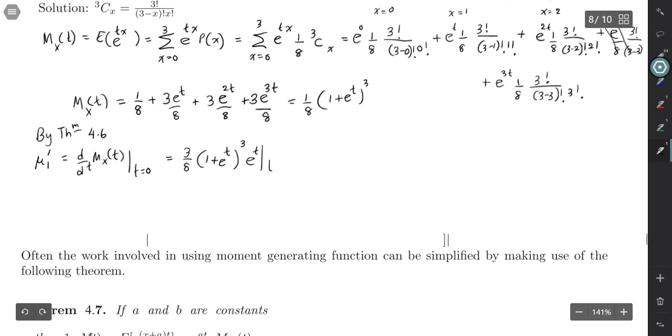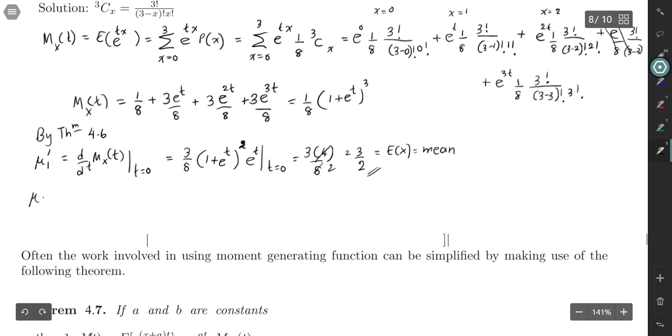Now evaluate this at 0. E to the 0 is 1, and here we get 2 to the power 2, which is 4, so you have 3 times 4 over 8, which is 3 over 2. So the first moment about the origin, which is the mean E(X), is 3 over 2.